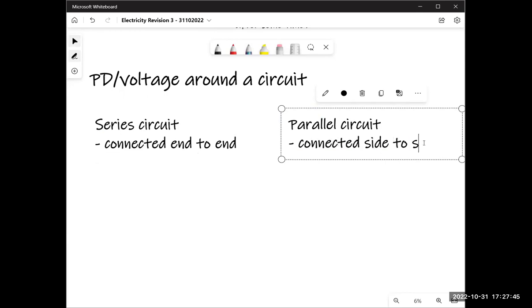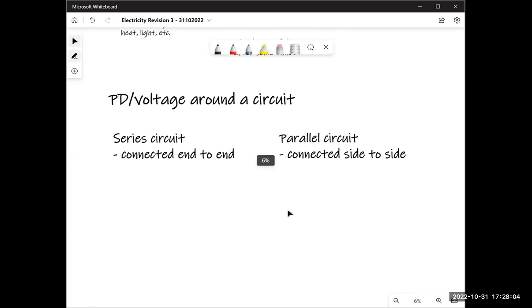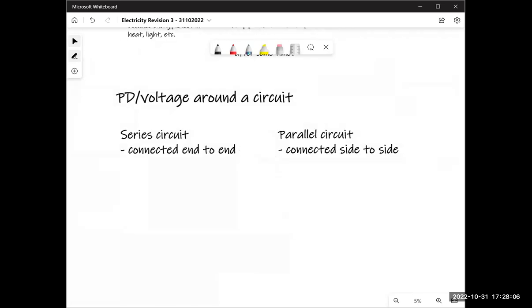Write this, tell me when you're done writing. Done. Now we have series. Okay, connected side to side. Now, okay, what does that mean?